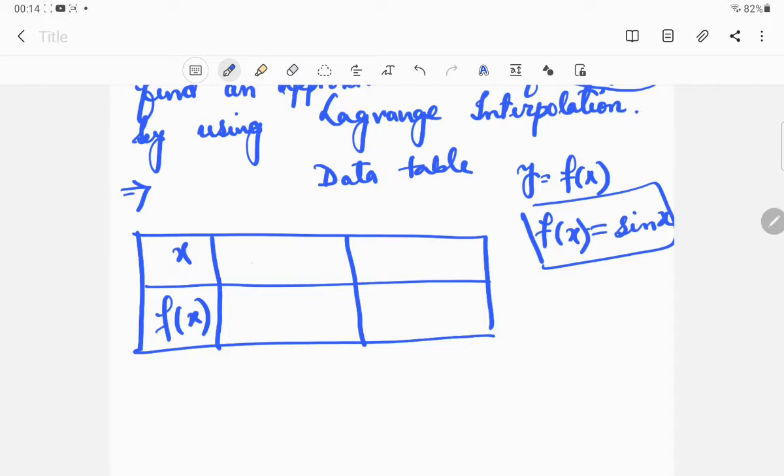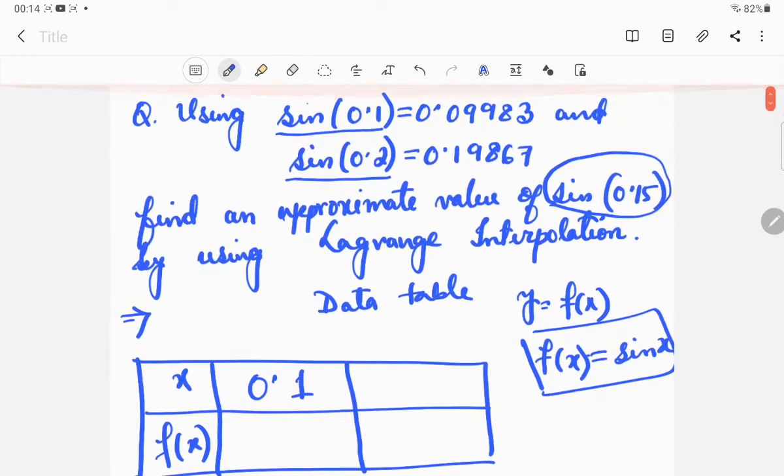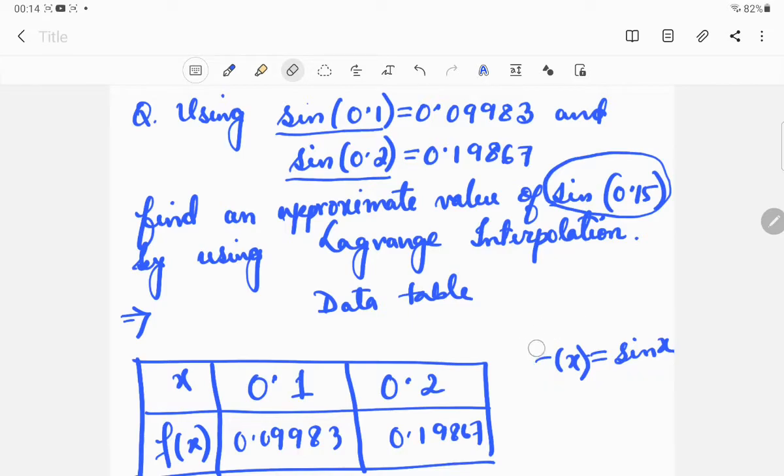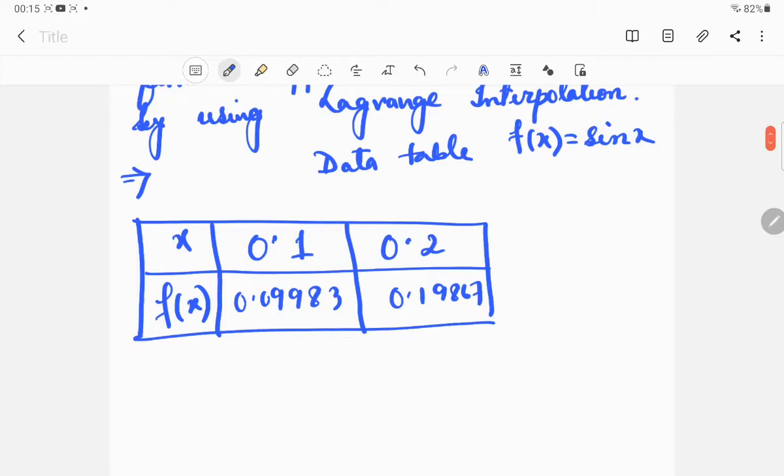The values are given by sine x, so sine 0.1 means x equal to 0.1, and then x equal to 0.2, and you are given those values 0.09983 and 0.19867. So here we have f(x) equal to sin x.